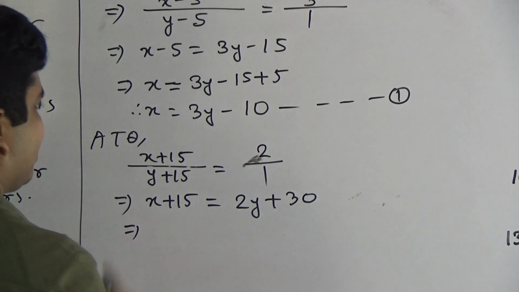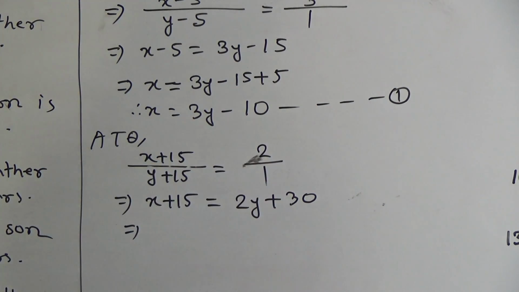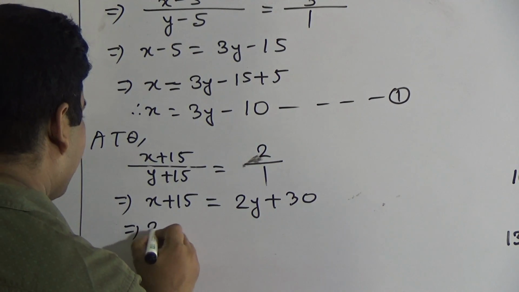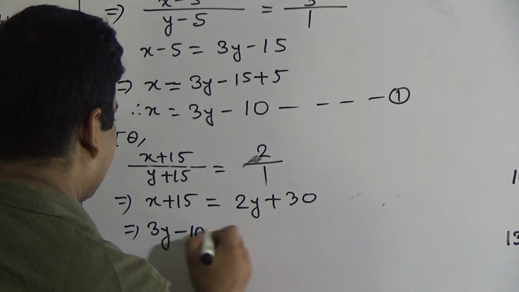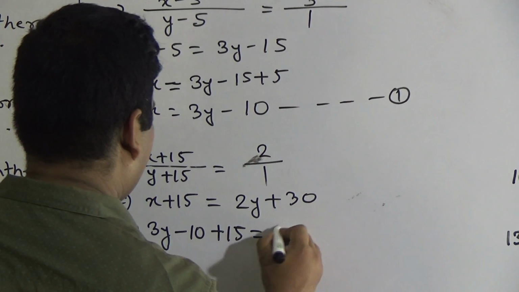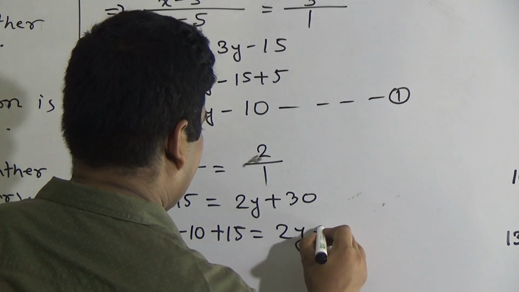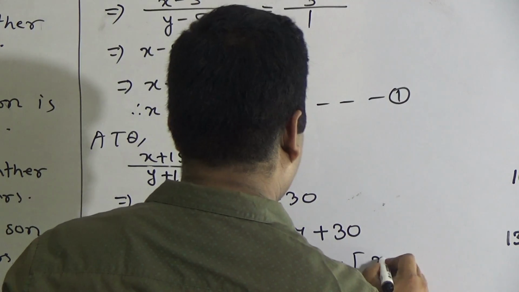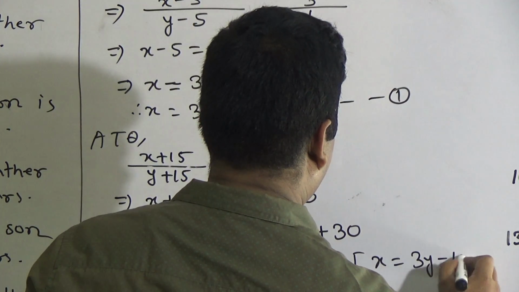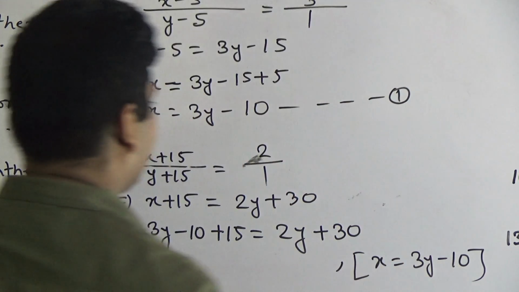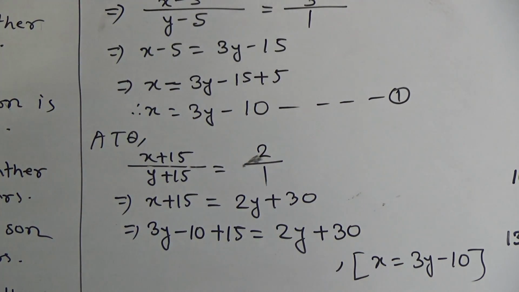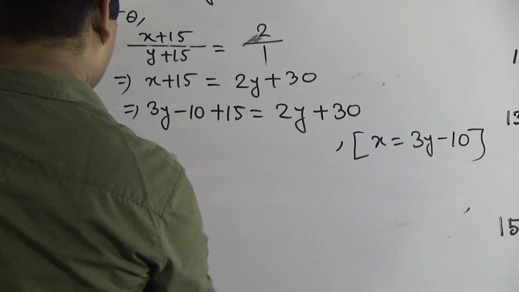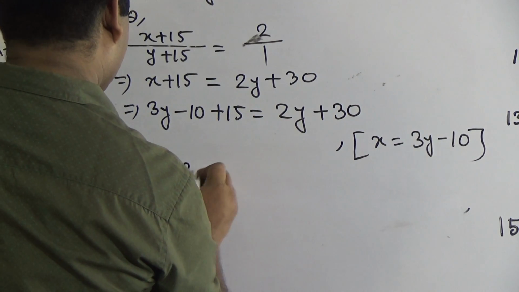Now we put the value of x from equation number 1. x equal to 3y minus 10. So here we write 3y minus 10 plus 15 equal to 2y plus 30. So here we give side note x equal to 3y minus 10, or you can write here from equation 1. Okay, so now 3y, y terms left, that means 3y minus 2y.